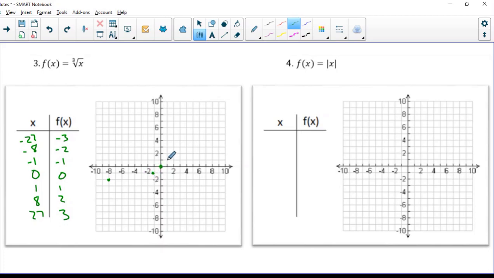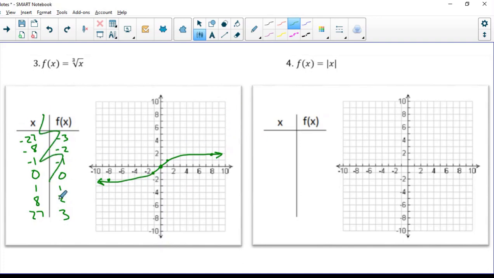And 0, 0, 1, 1, and then 8, 2. And then the next one, 27, 3, again, that's going to be way over there, so let's just skip that one. But this is enough. You can sort of tell that you have a curve down there, and you'll have a curve up there. So that's enough to tell what the shape of the graph is. And that's all that we really care about.